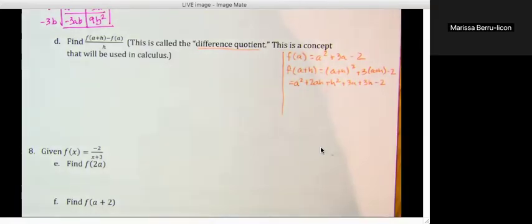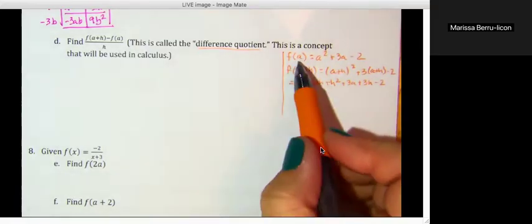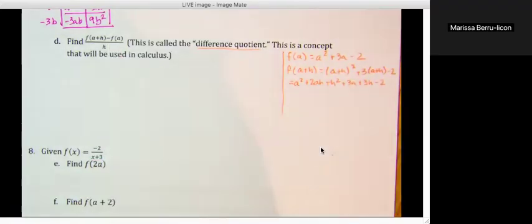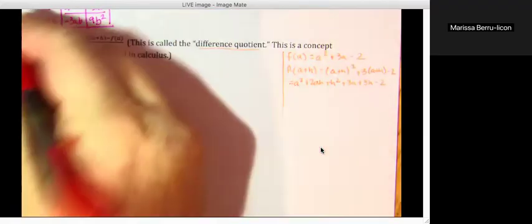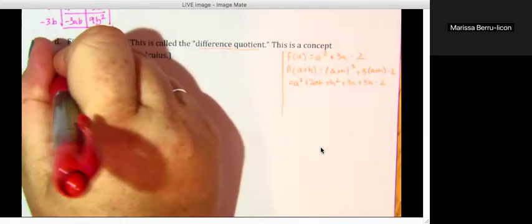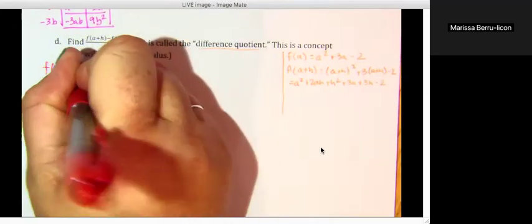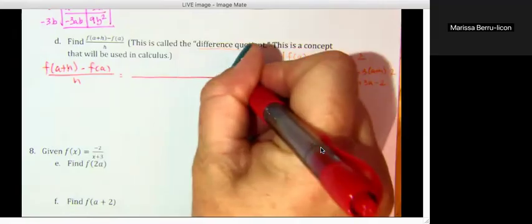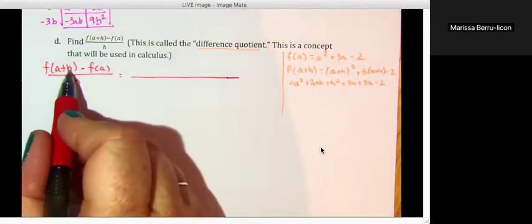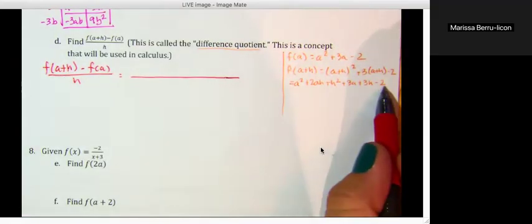Now, I don't have any like terms again, but what I'm interested in finding is actually the difference quotient here. So f of a plus h minus f of a all over h. And what I have then is f of a plus h. Well, we just found that. That's this piece over here.